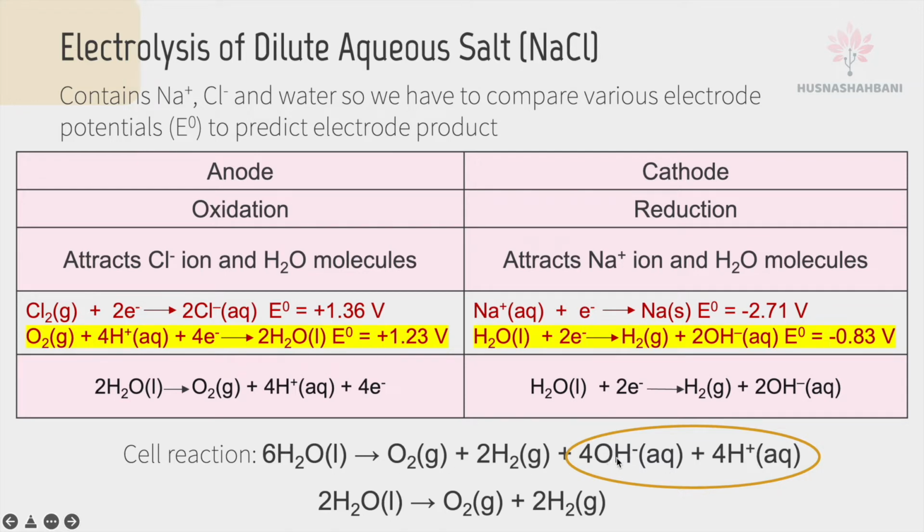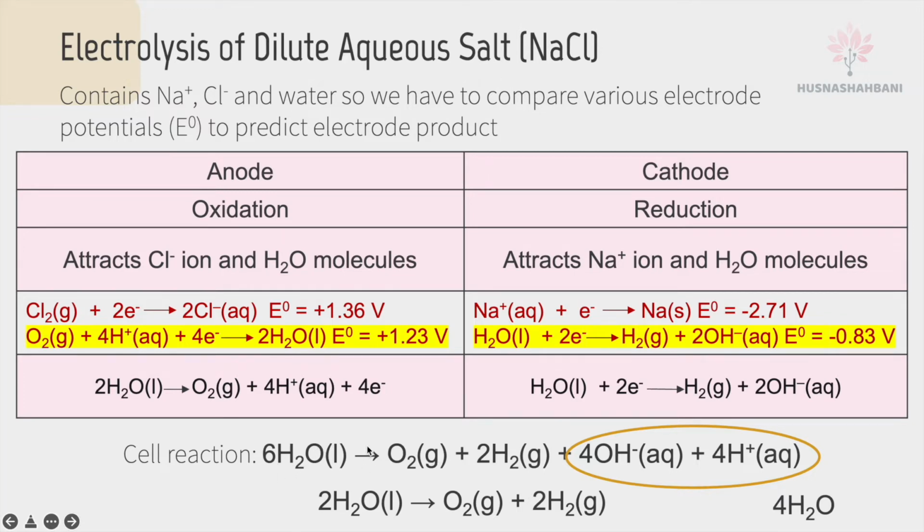And if you look at the product side, you will have 4OH minus aqueous plus 4H plus aqueous. OH minus plus H plus will become H2O. Since we have these two 4, you will have 4H2O. So this 4H2O cancel out with the H2O at the front, 6.